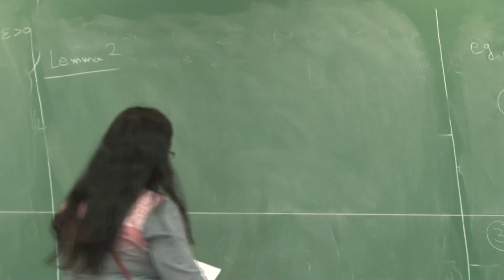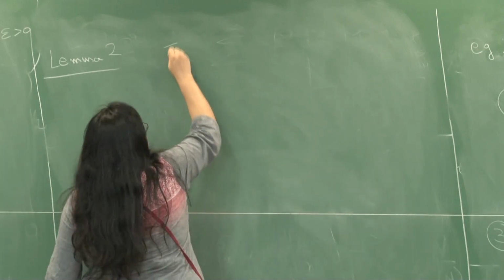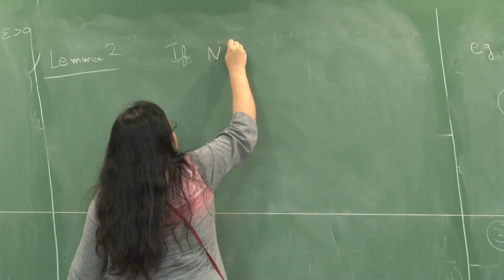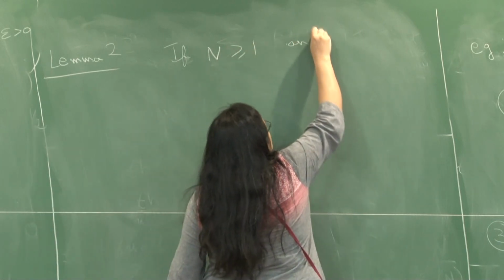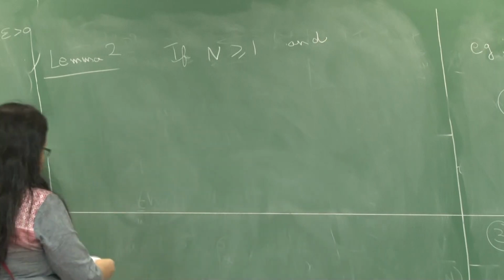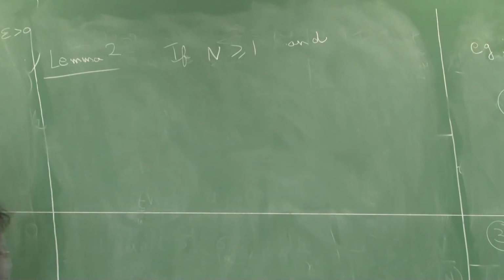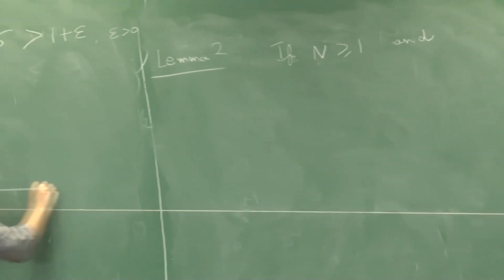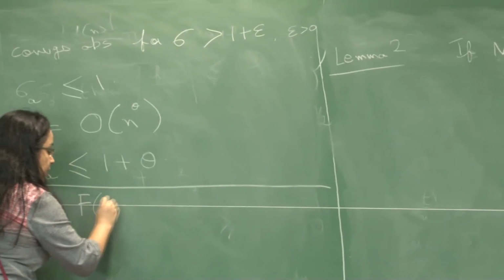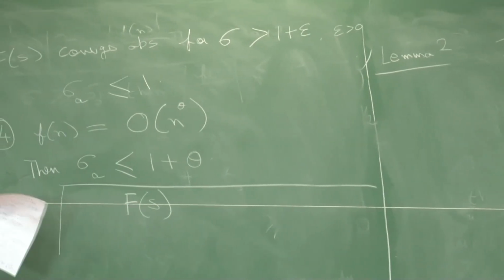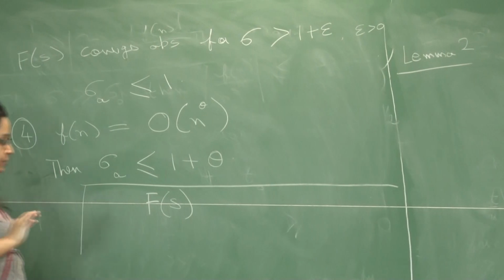And it states the following. Suppose you have some natural number, and henceforth what we do is we just assume in our notation that you have an arithmetic function, and you have f of s, which is the Dirichlet series corresponding to that.